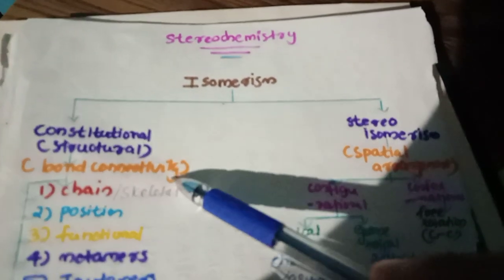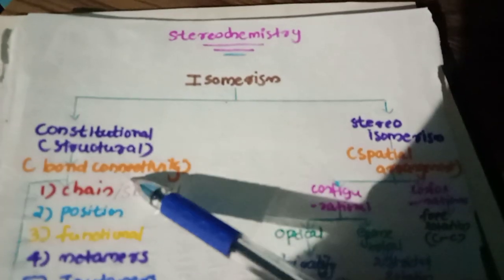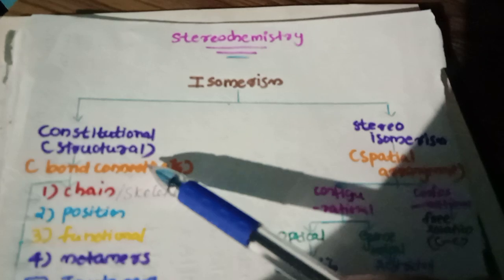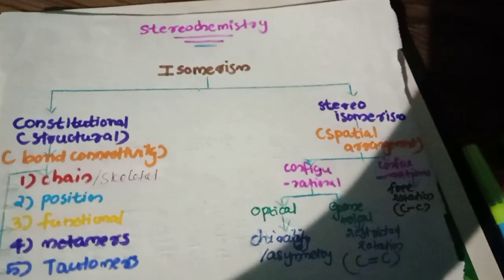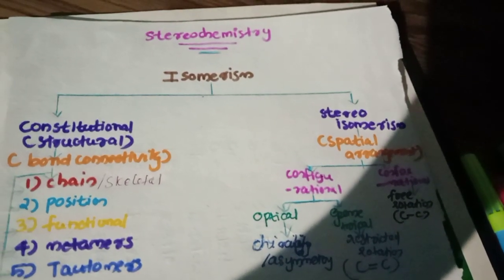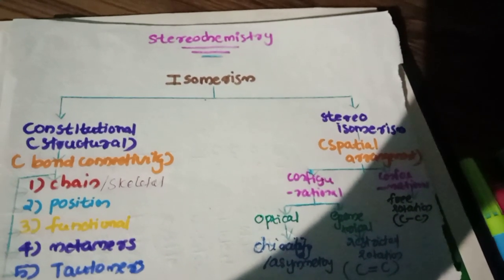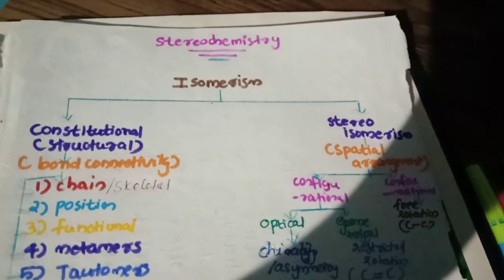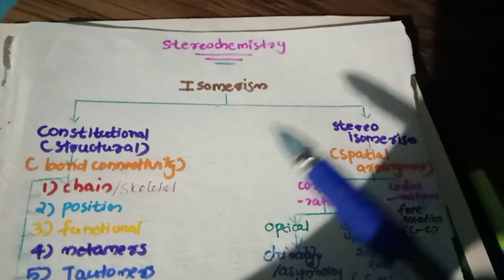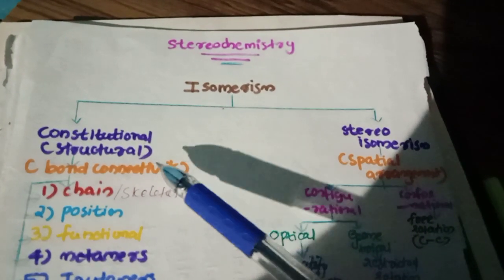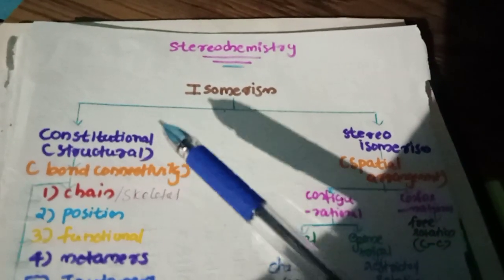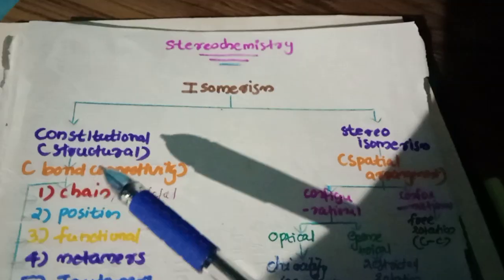Bond connectivity means the arrangement, or the sequence in which the different atoms or groups are bonded to each other in a molecule. So constitutional or structural isomers arise due to the difference in bond connectivity.